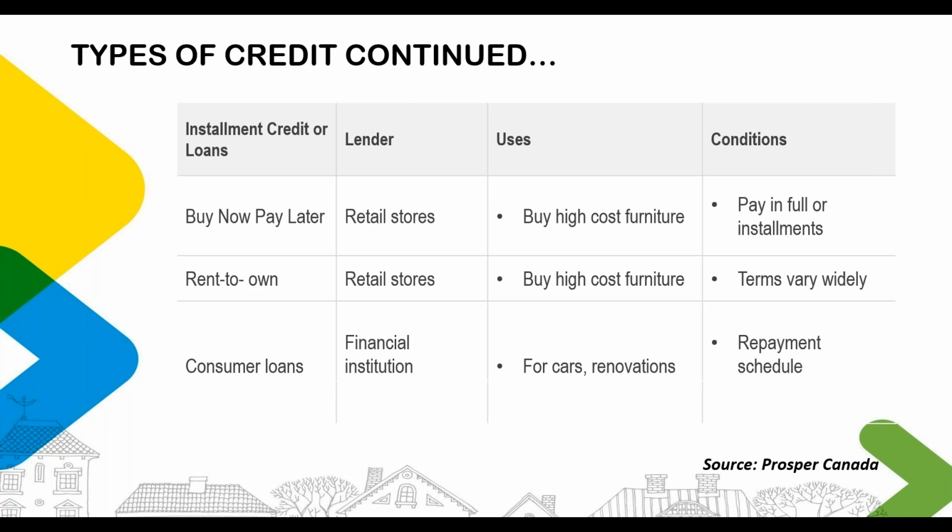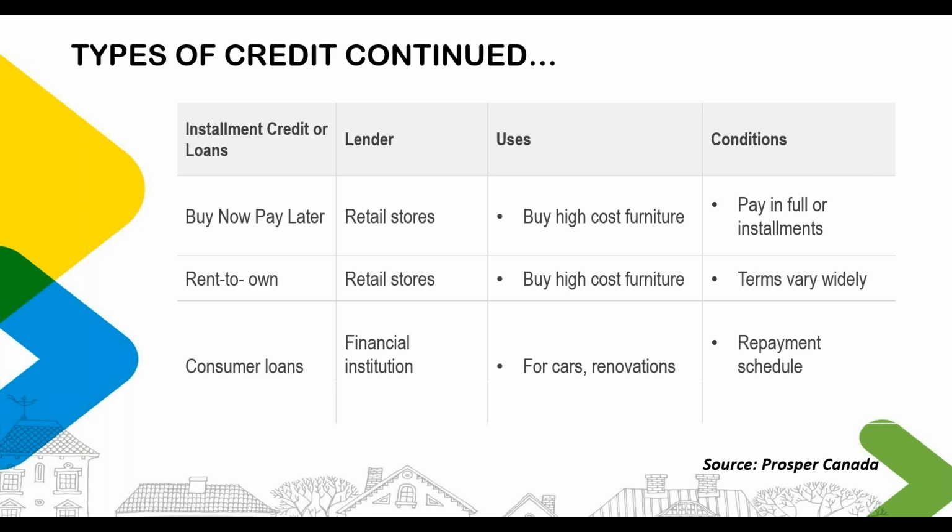So for example, you go to a furniture store, you want to buy some furniture, but you don't have all the money at the time when you're making the purchase. If you're credit worthy, the furniture store will perhaps offer you the furniture, so you can fill out an application. They will give you all the furniture that you're looking for.